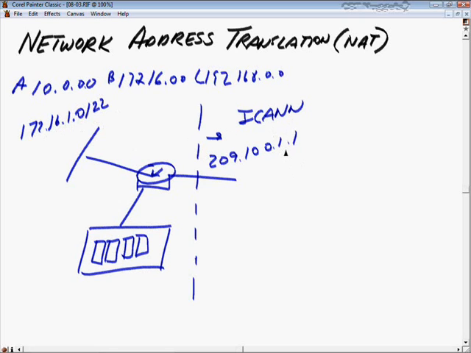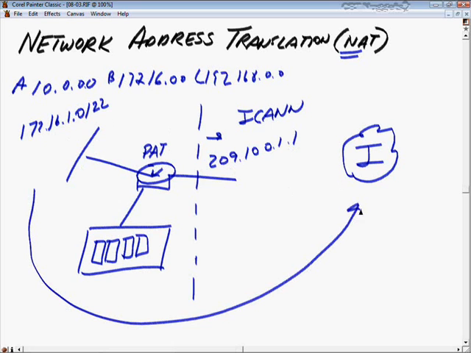Well, I have the capability to use on this router here what's called port address translation, which is a feature of NAT, so that everybody on the outside world, on the untrusted internet, who wants to send traffic to my inside network is going to send it to this address. So whenever sessions are created from inside hosts to servers on the outside, the servers are seeing this as the source IP address.